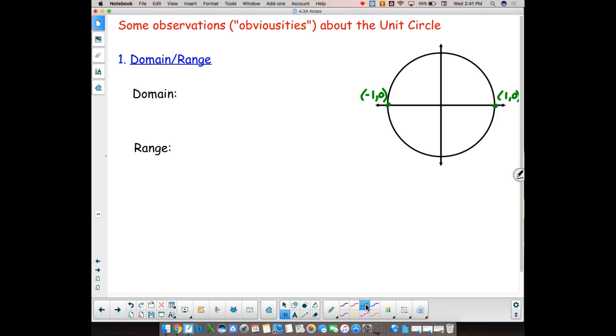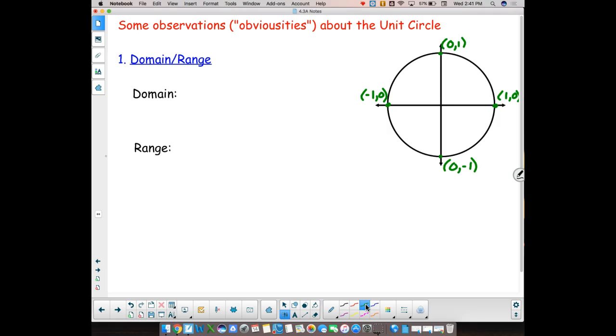All the way up to 0, 1, and all the way down to 0, negative 1. Right? From your extensive knowledge in the fields of domain and range, my question to you is, what's the domain?